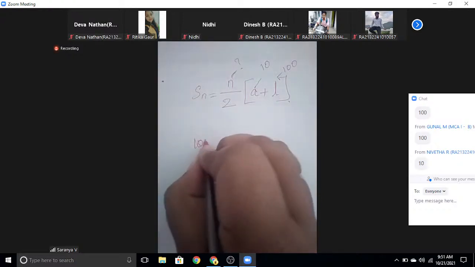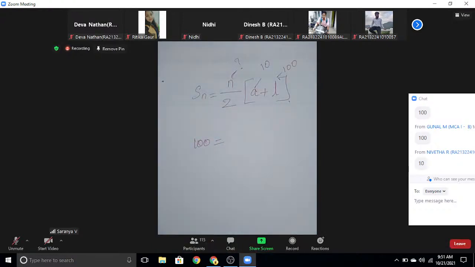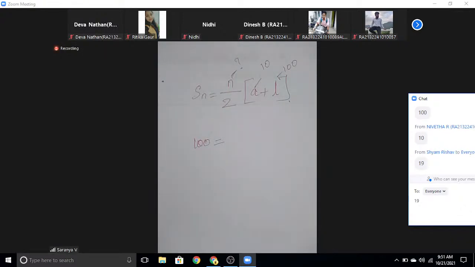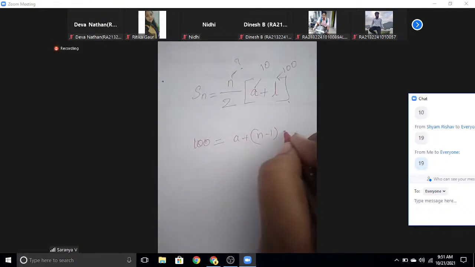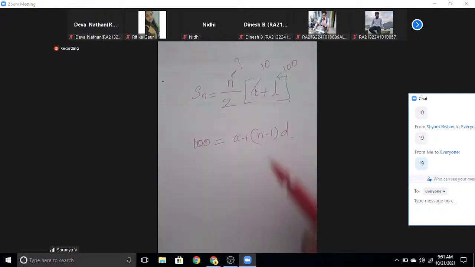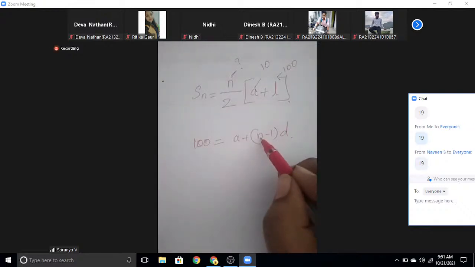This 100 is nothing but a plus n minus 1 into d. So when you find the value of n, we can find the number of terms in that sequence.